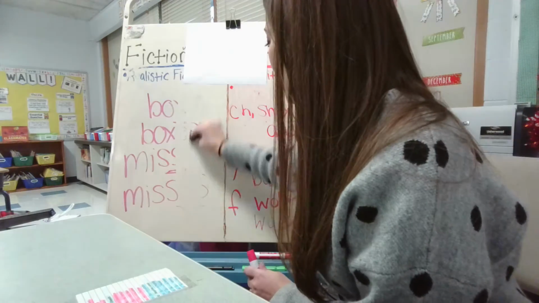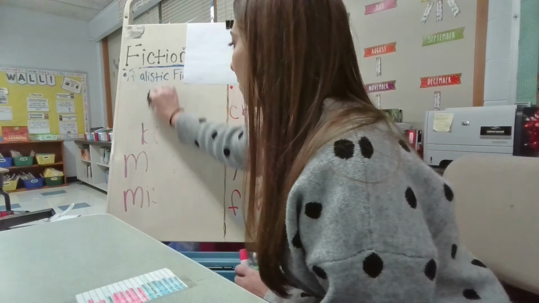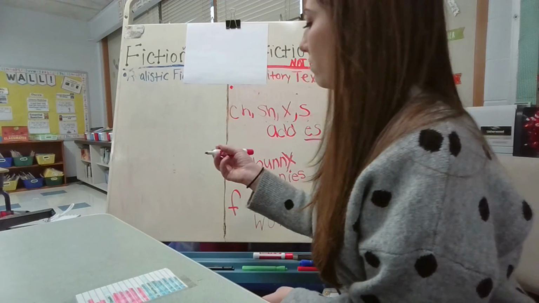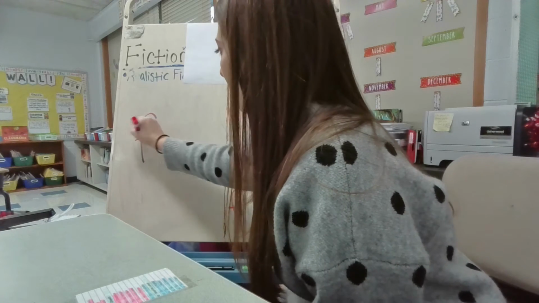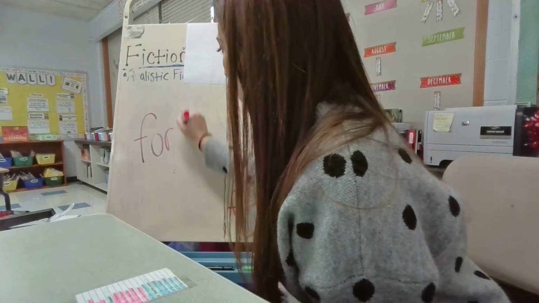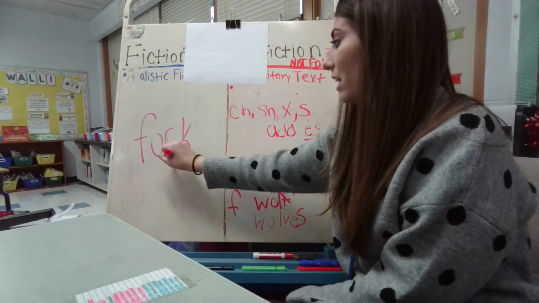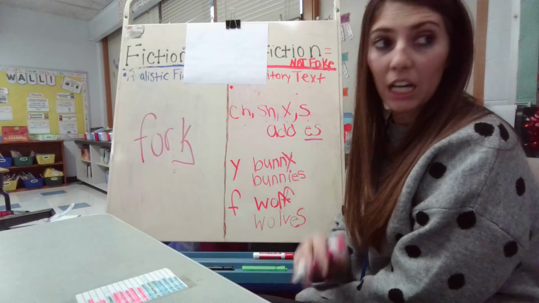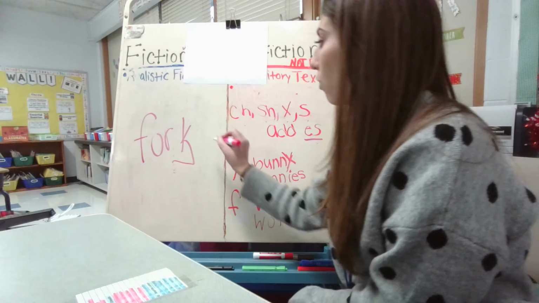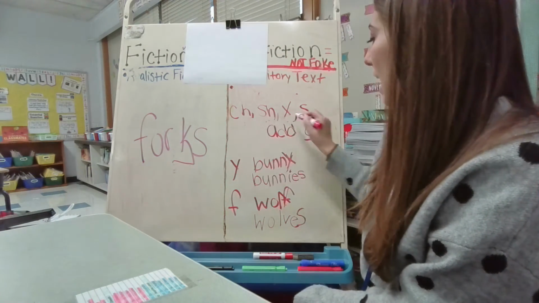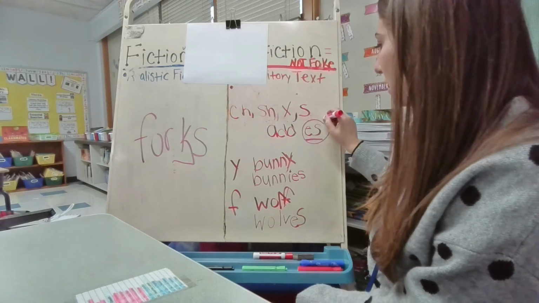And if your word doesn't end in any of those things, like say the word fork, your word is fork and it ends with a K, you just add an S to make it forks. So these are the only special times you have to add ES.